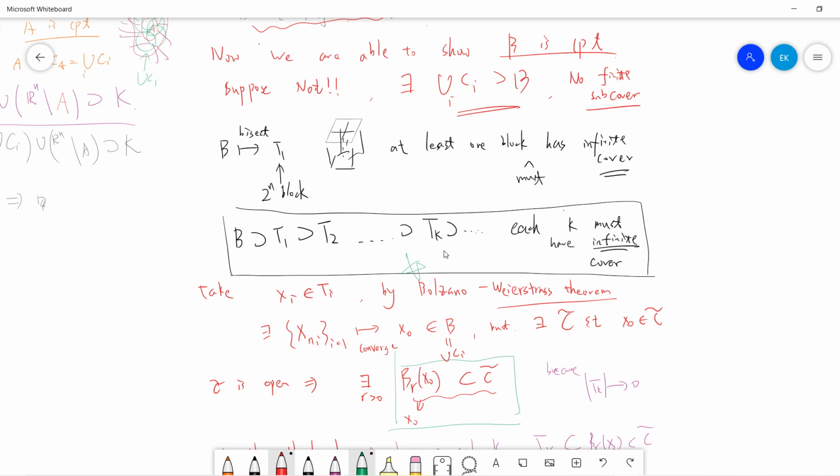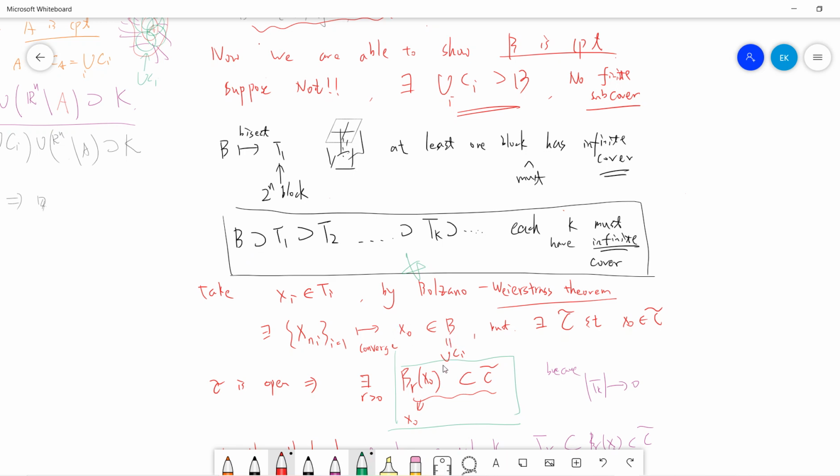So it must converge to some x naught in B, because B is closed. We know that B is closed, so your x naught must be in B.